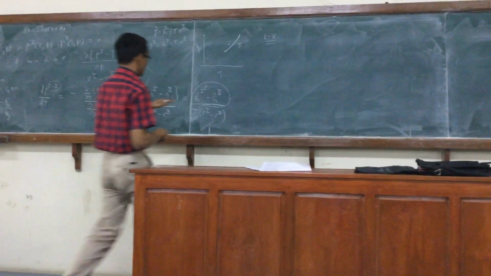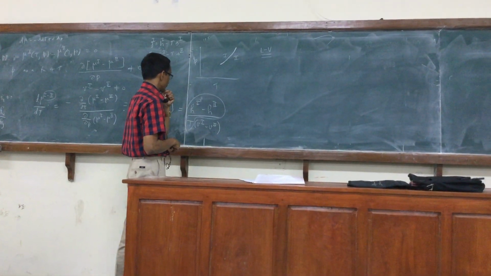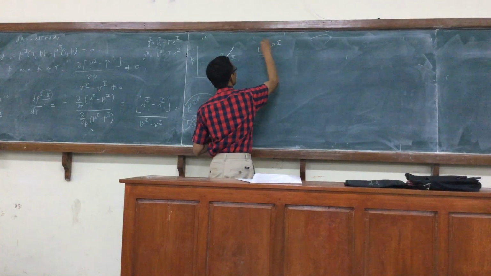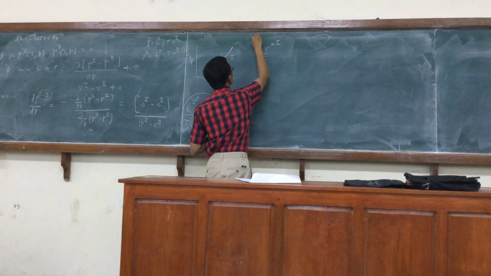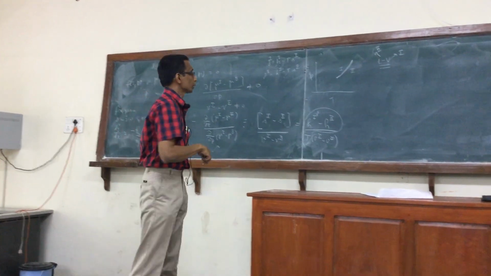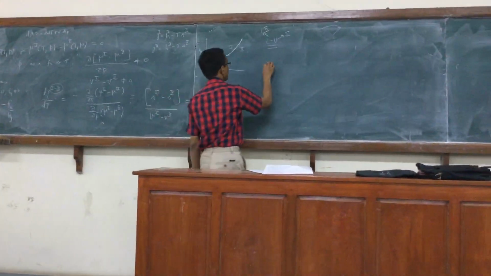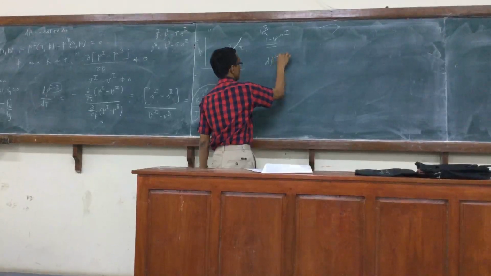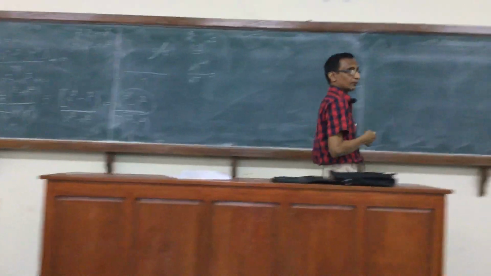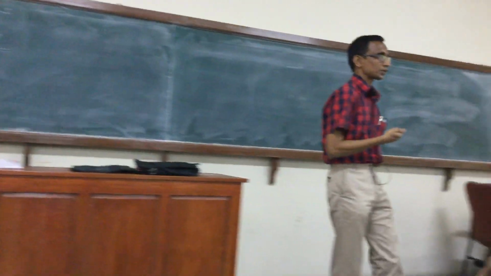So let's consider that, and maybe I will just call one as vapor and two as liquid. It doesn't matter what you do. So then dP by dT, by our terminology, is the saturation pressure versus temperature.